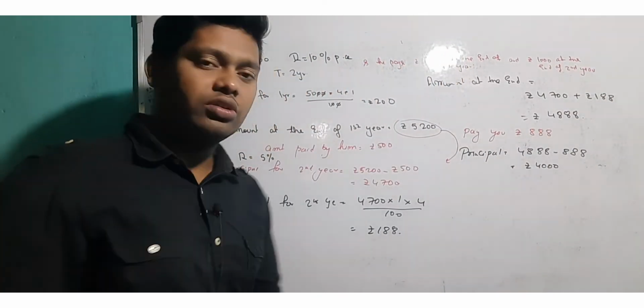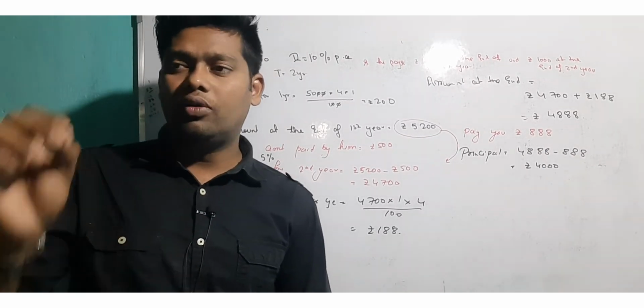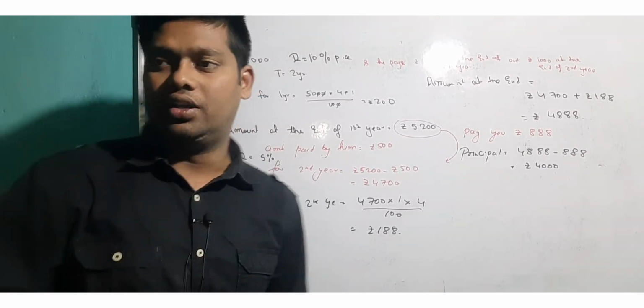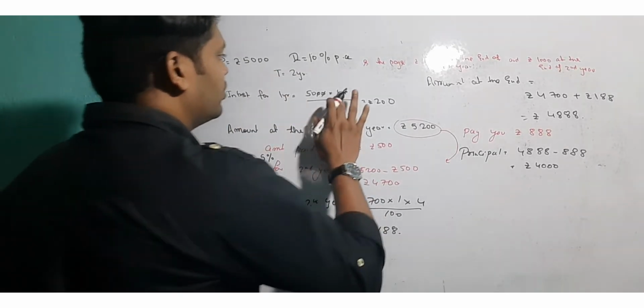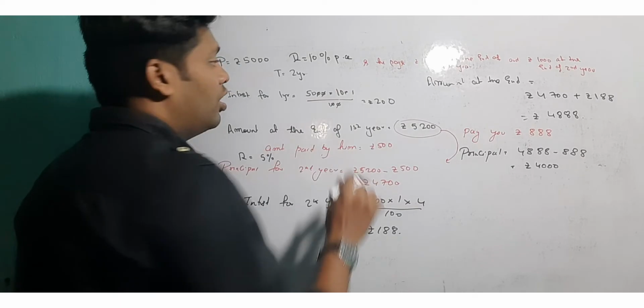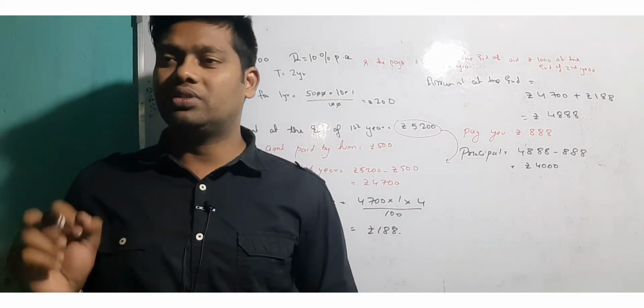I have somewhat changed the question. They are asking how much amount of loan is outstanding at the end of second year. So now the rate is how much? 10%. How much is outstanding?